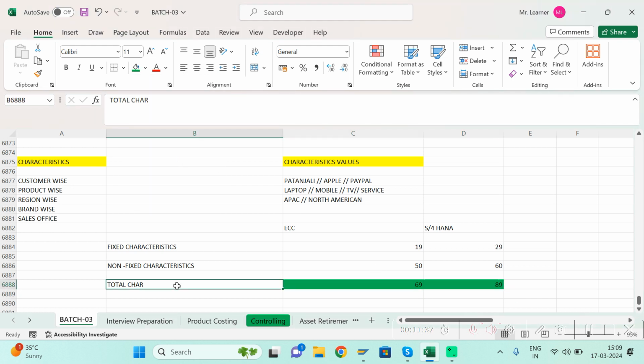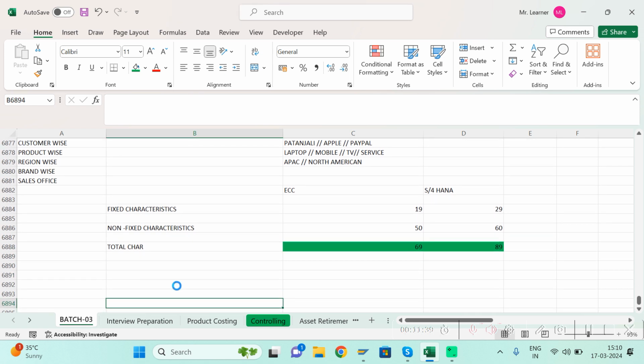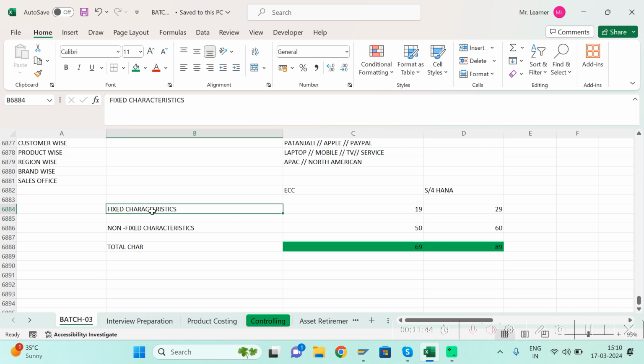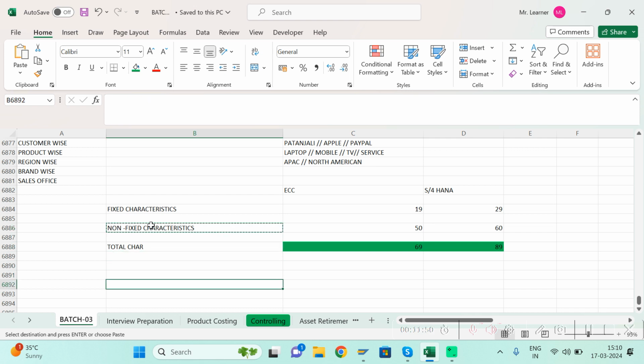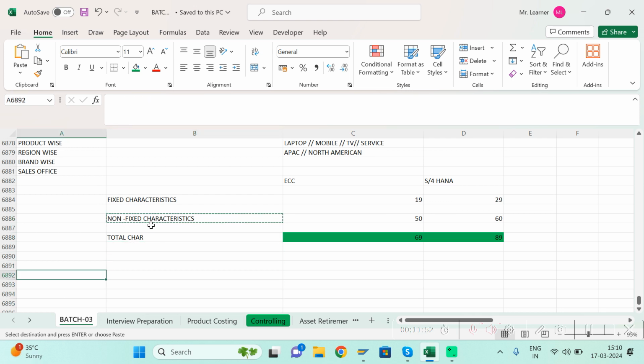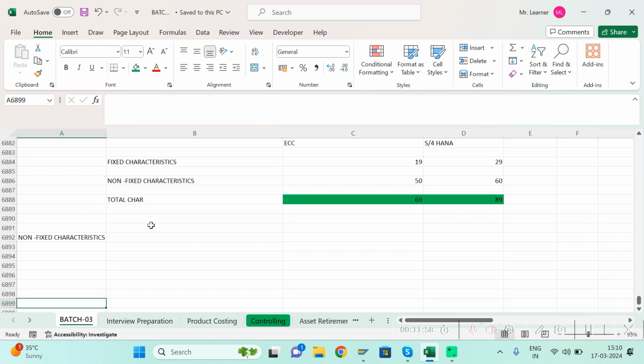Fine. Now since fixed are given by SAP, we will be seeing them in SAP directly. Now let us talk further about non-fixed characteristics. Non-fixed characteristics can be created in two ways.